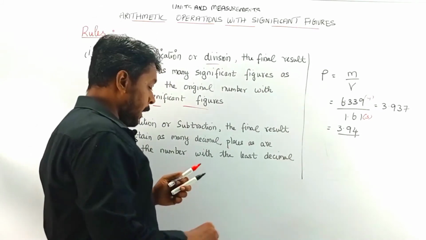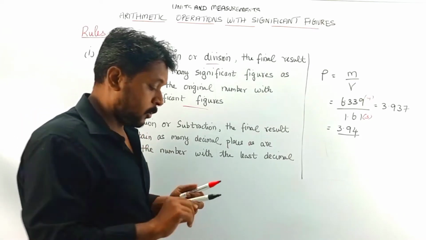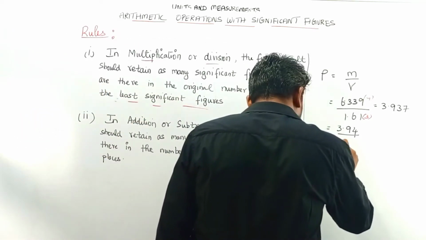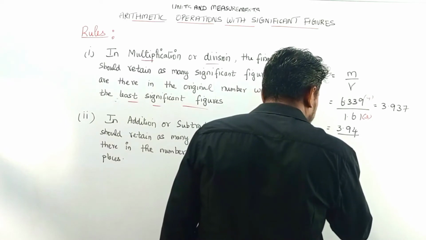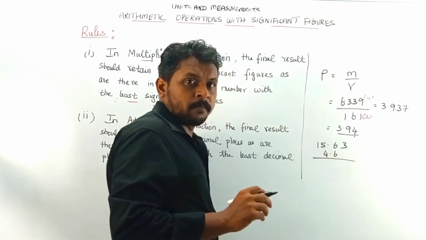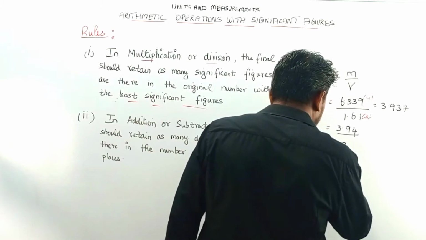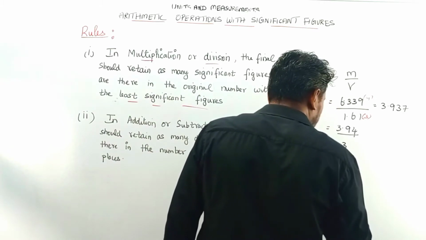Similarly, I am going to multiply two numbers. I am taking the values 15.63 and 4.6, and doing the multiplication.